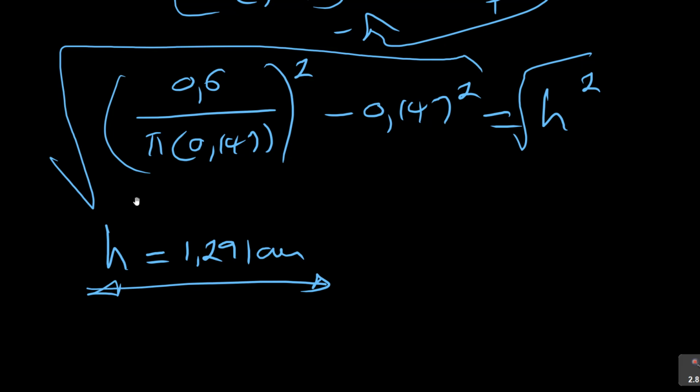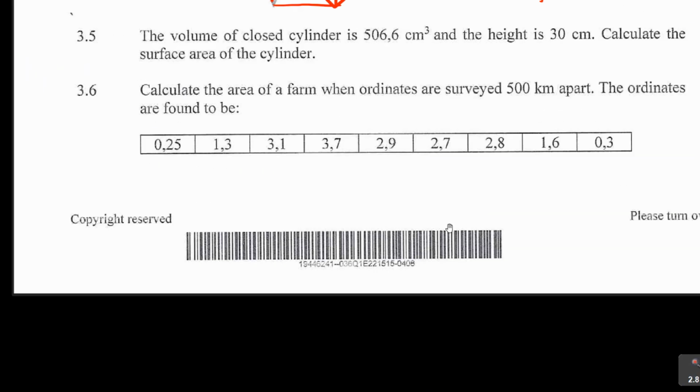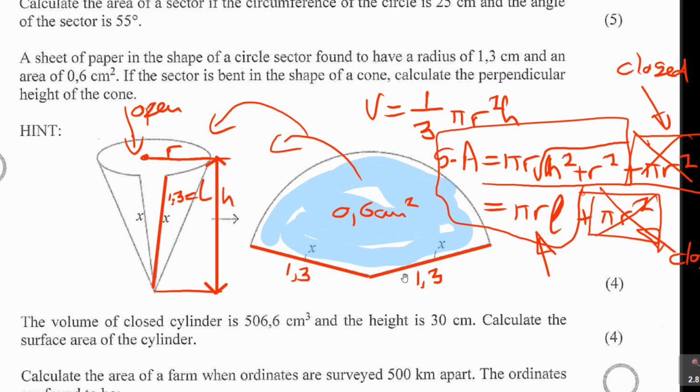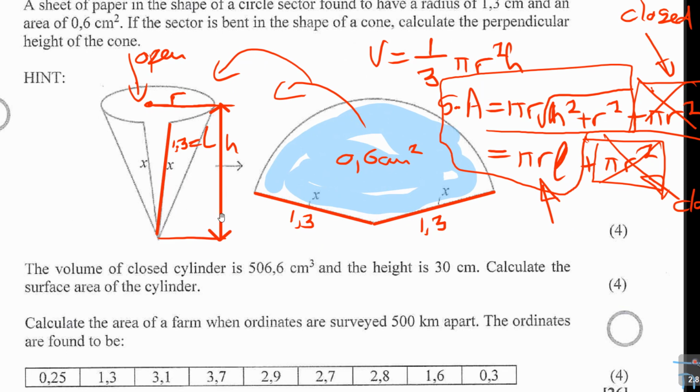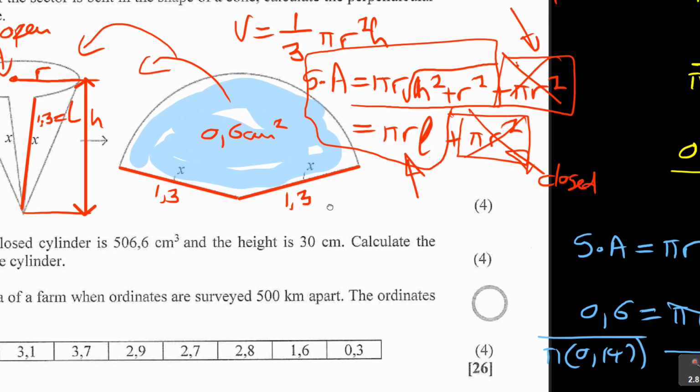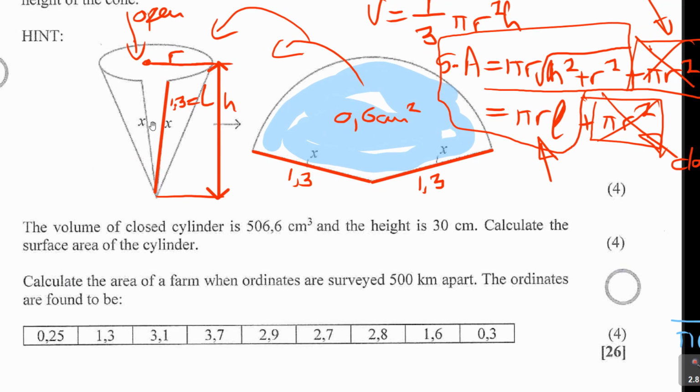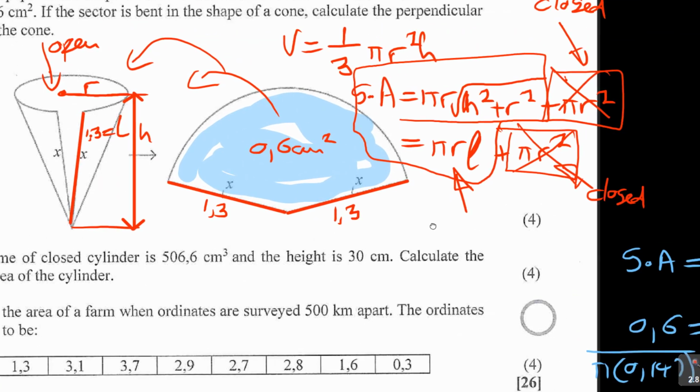It was a bit of a demanding question, but you could have done it. So that was that here. Another one could have gone through another method. There are two ways.